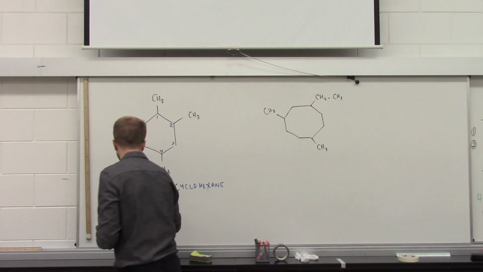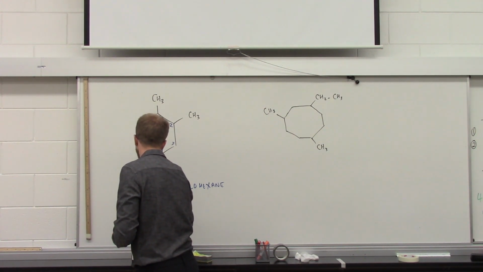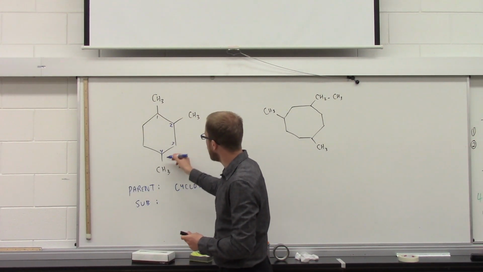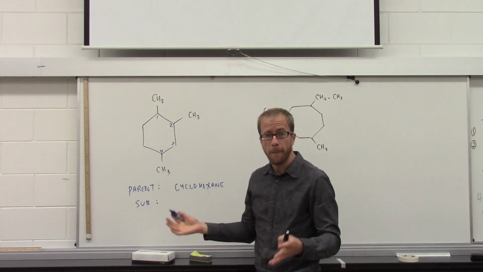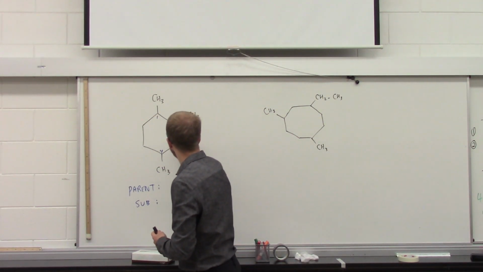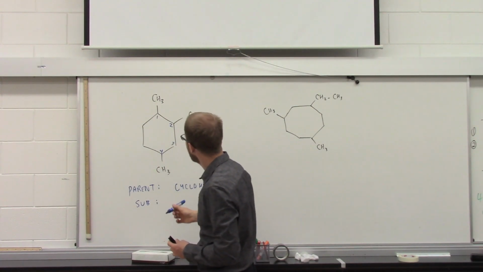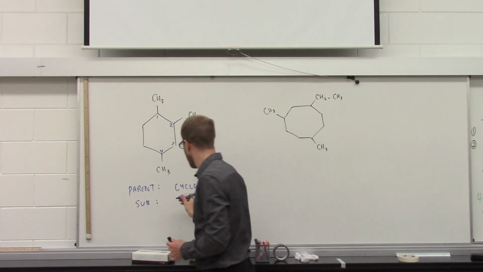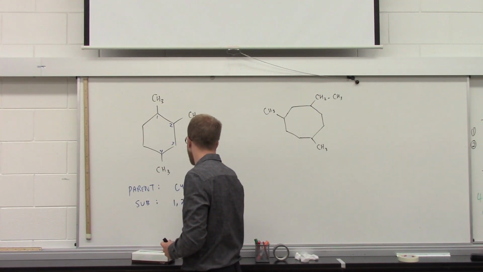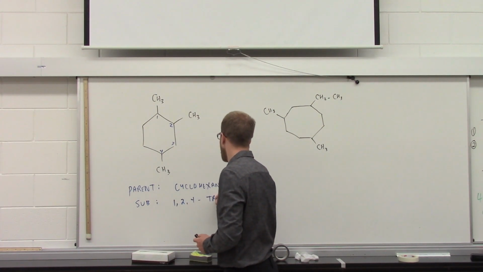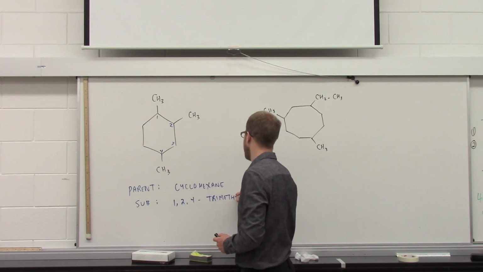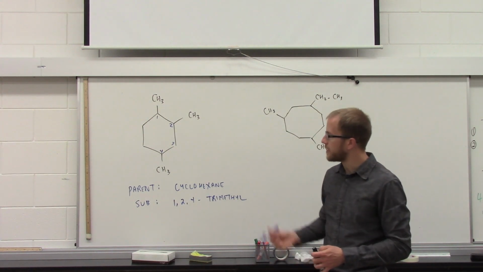So where are our substituent groups? Well, we have substituent groups at 1, 2, and 4, and these are all methyl groups. So this is 1, 2, 4 trimethyl. Right, we combine that together.